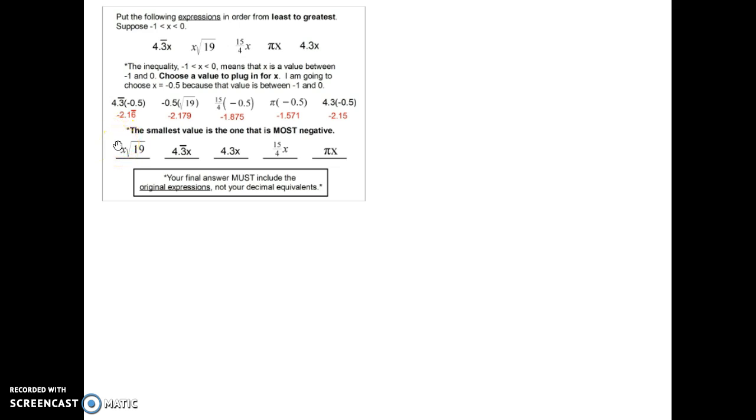Now again, with the ordering problems, your final answer needs to go back to your original expression. So these values here we are just using to help us get to our final answer. But we need to be sure that we are using the original expressions.